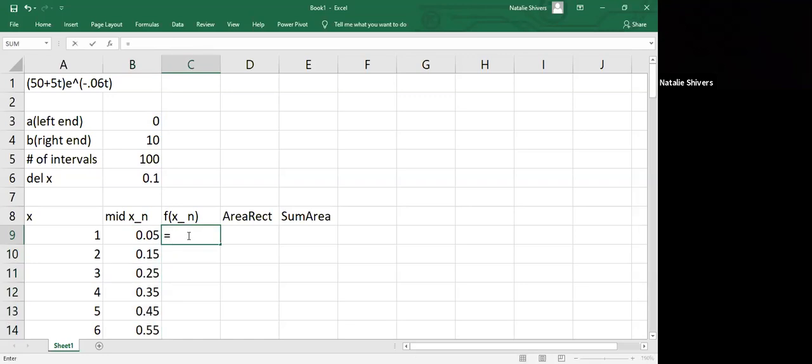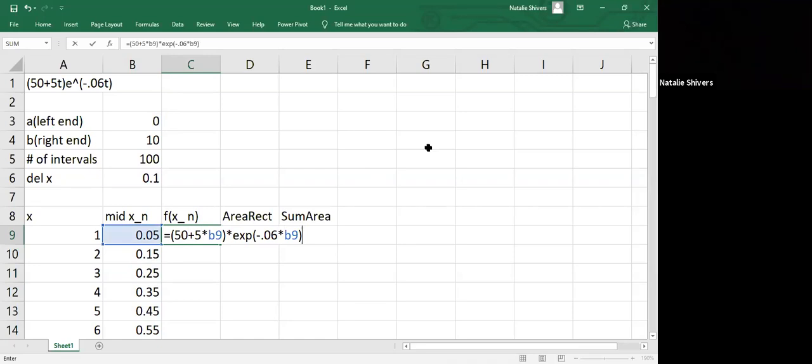The function, we need to take 50 plus 5 times B9, remember the last column before, times EXP, negative 0.06, times, again, B9. Same thing. EXP doesn't have the caret.